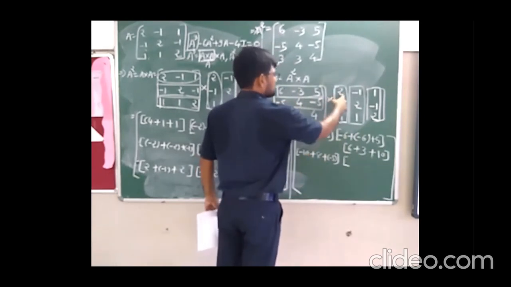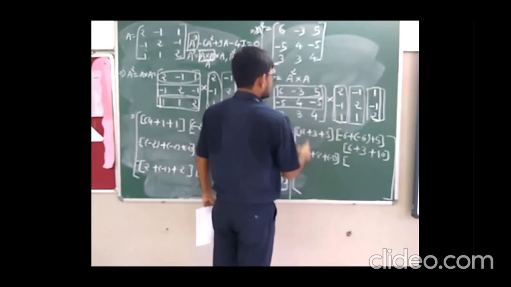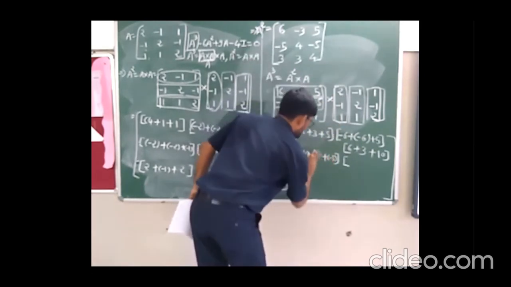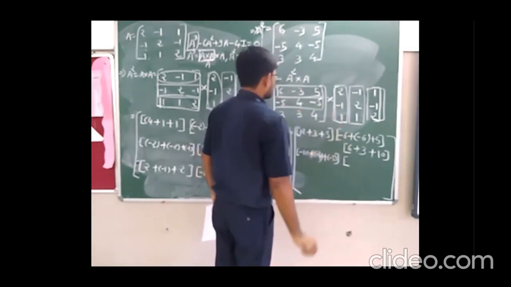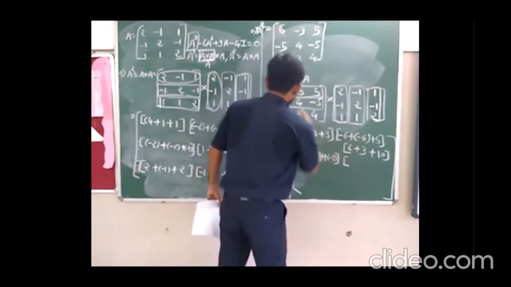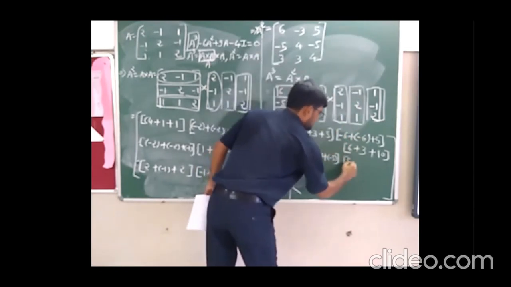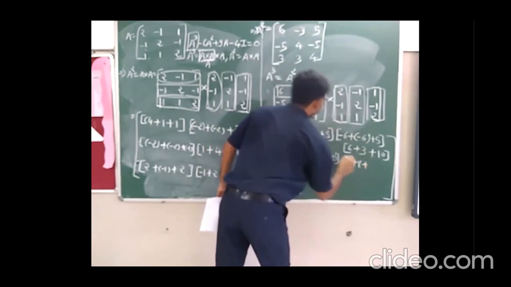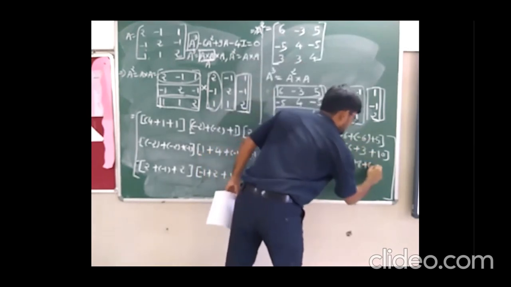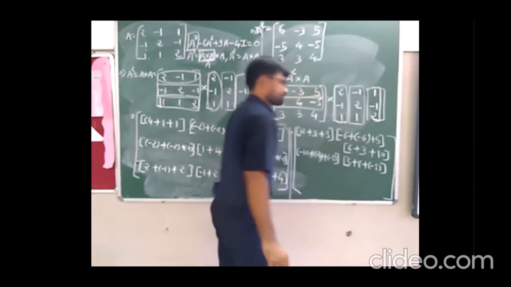Okay, first into first, minus 10. Second into second, it is 4 minus. Sorry, it is minus 4. And third into third, minus 4. Okay, second row, second column. First into first, plus 5. Second into second, 8. Plus third into third, minus 5.